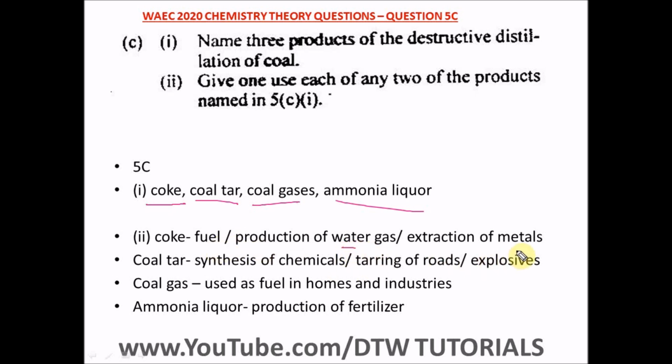We use coke to extract metals. We use coal tar to synthesize chemicals. We use it in tarring of wood. We use it in manufacture of explosives. Your coal gas, we use that as a fuel in the house and also in industries. Then ammonia liquor, we use that in producing fertilizer. Okay, so these are uses of these products of destructive distillation of coal.